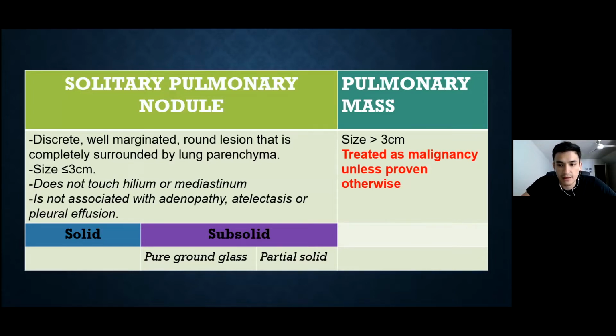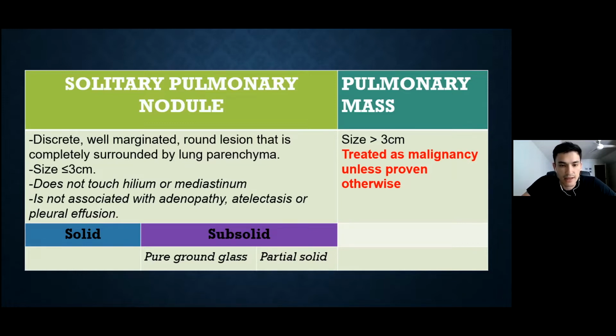A mass is typically a round lesion that is more than 3 centimeters. A mass of this size is treated as malignant unless proven otherwise. A nodule is typically 3 centimeters or less, is well marginated, discrete, and is surrounded by lung parenchyma.